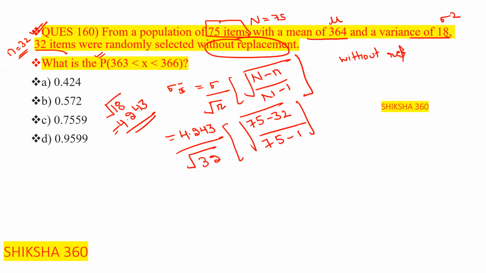So please try to solve this question. What is the value here? When we solve this, 4.243 divided by root 32, into the square root of 75 minus 32 divided by 74.